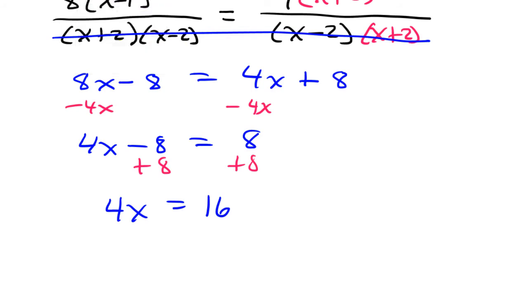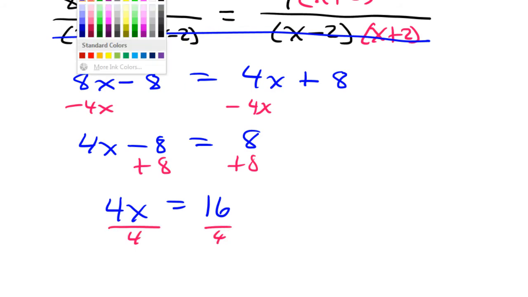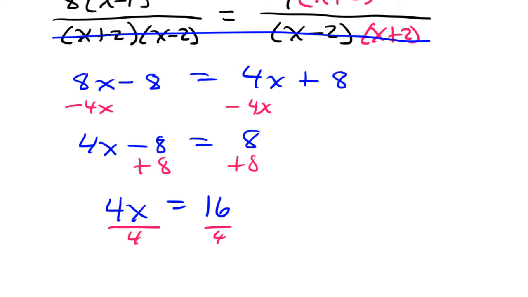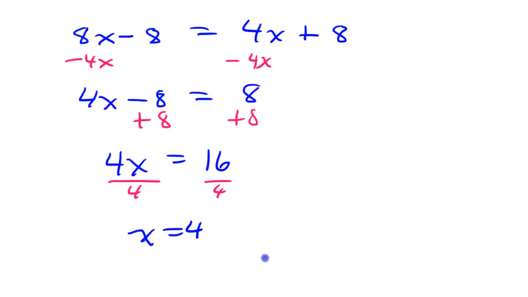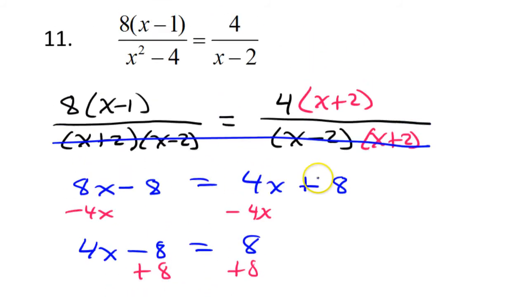And then when I divide by 4 on both sides, I get x is equal to 4. So this will be the answer as long as it is not one of our extraneous solutions.